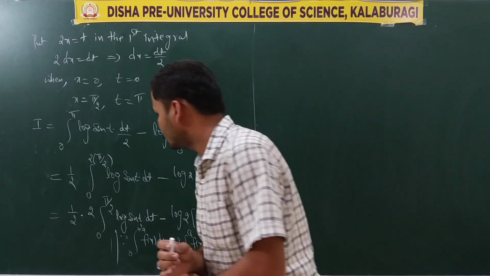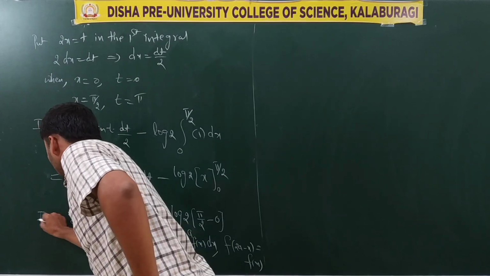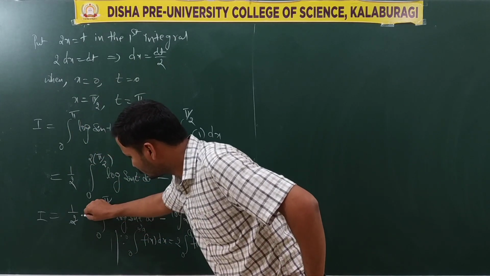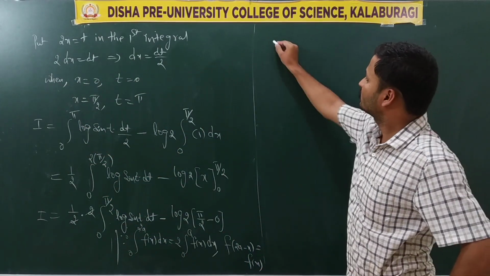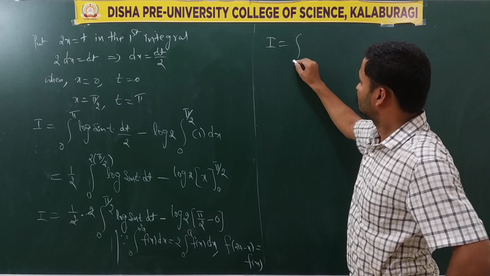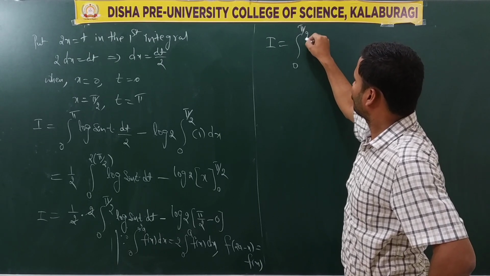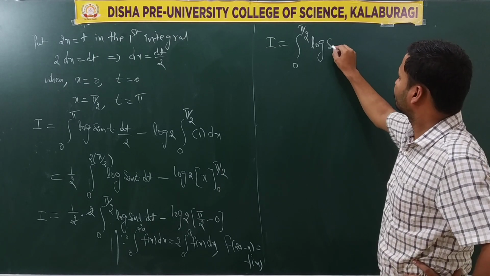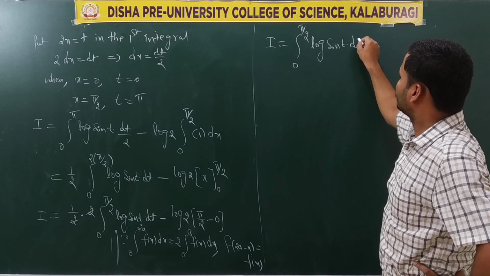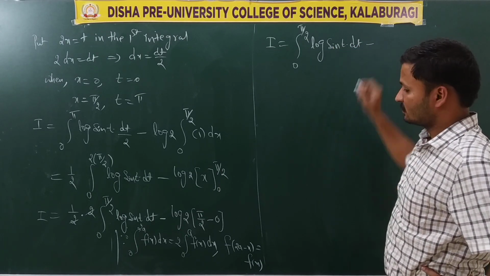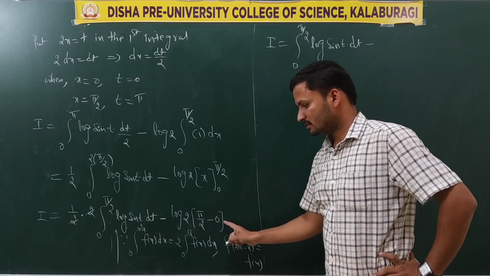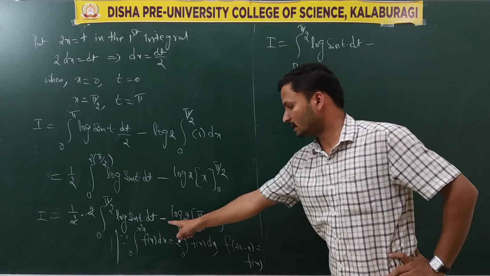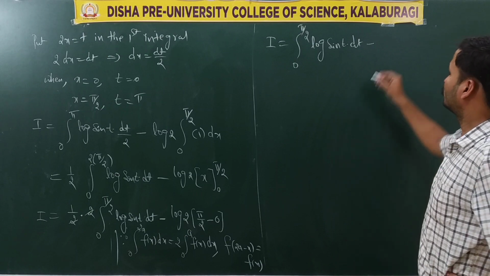Here the 2 and 2 cancel. So the remaining is I equals the integral from 0 to pi by 2 of log of sin t dt, minus pi by 2 minus 0, which is pi by 2, into log 2. That is, minus pi by 2 into log 2.